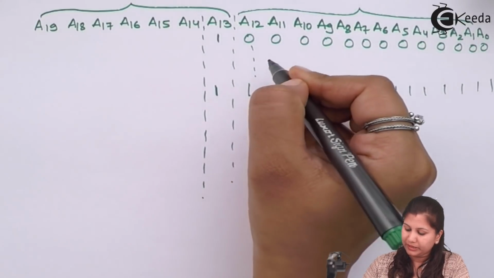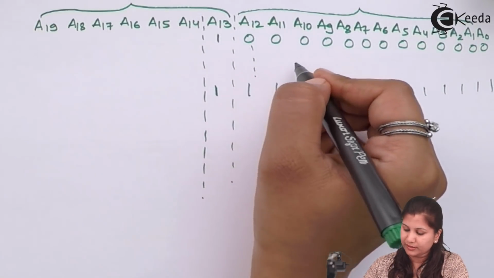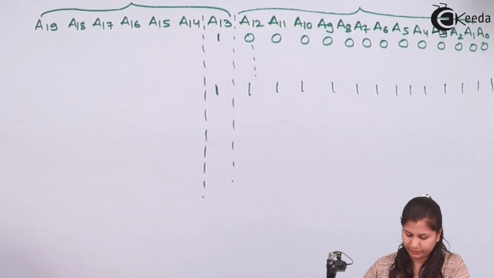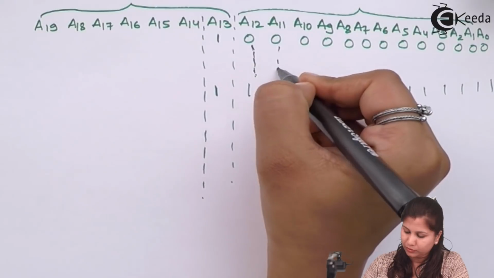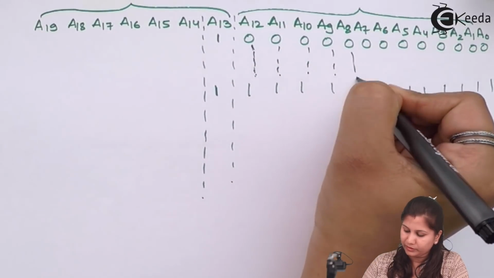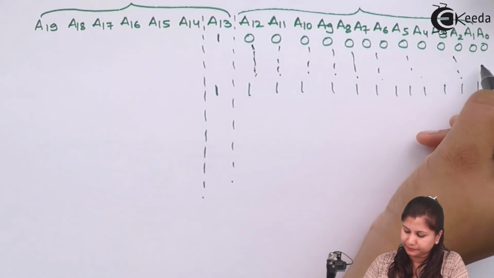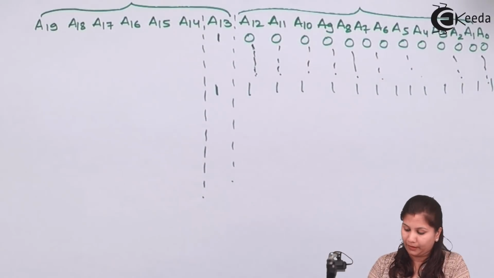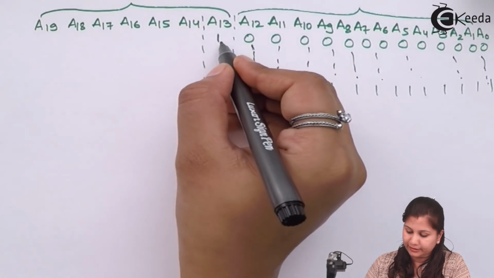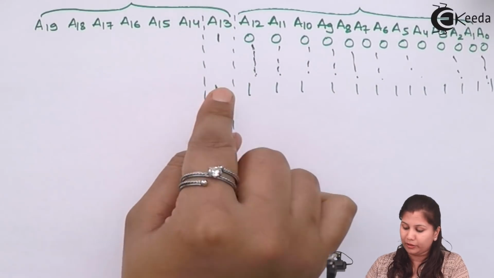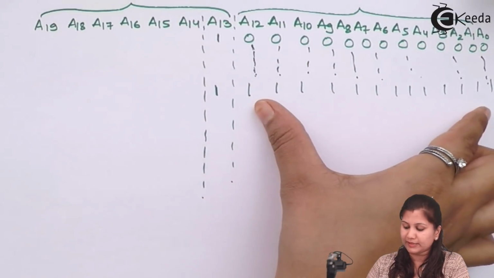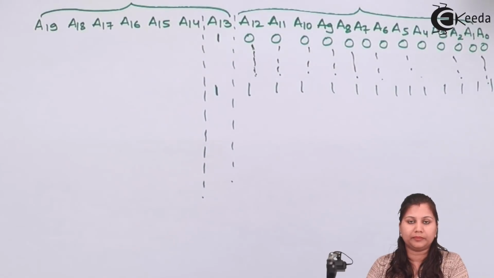So there can be any of the combinations here, from all 0s to all 1s. And this A13 is always at logic 1, because here we are using this address map for the ROM.